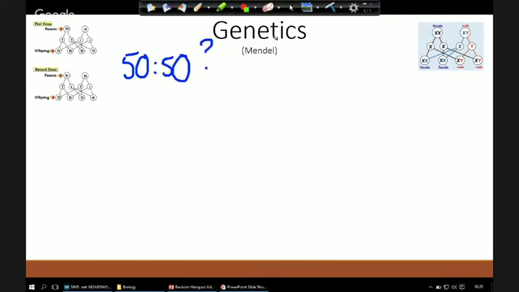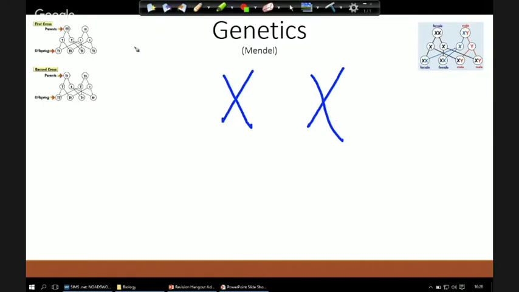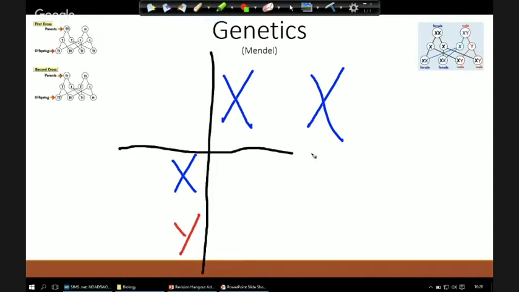But how do we get to that? Well, the female will have XX on her sex chromosomes. She will produce an X egg or an X egg, only ever X eggs. The male, on the other hand, will either produce an X sperm or a Y sperm. And hopefully you'll see how this comes about.